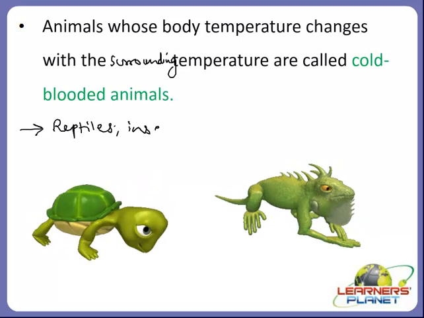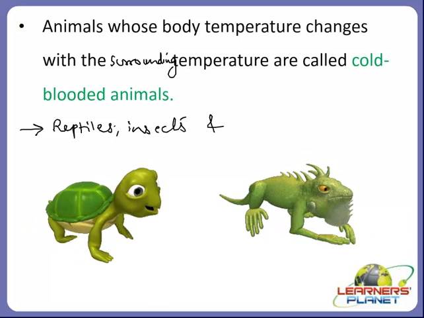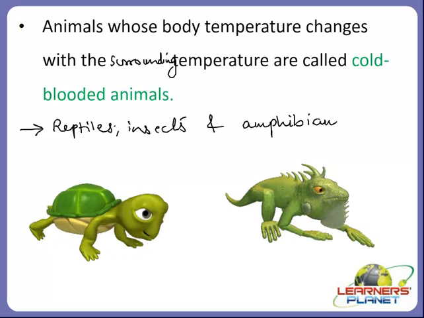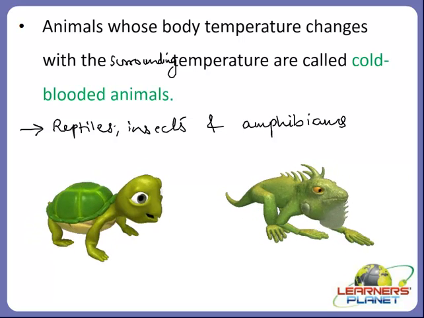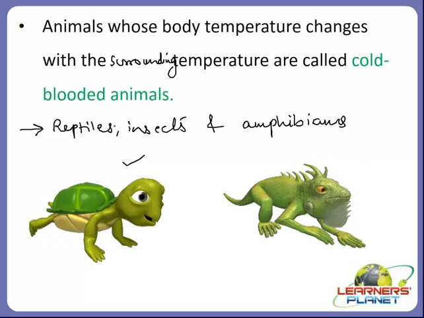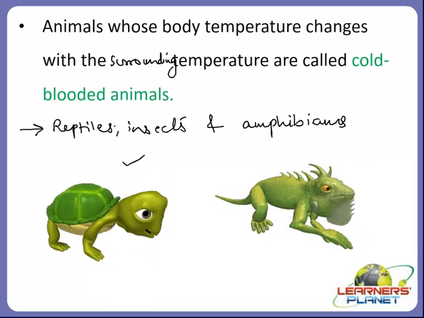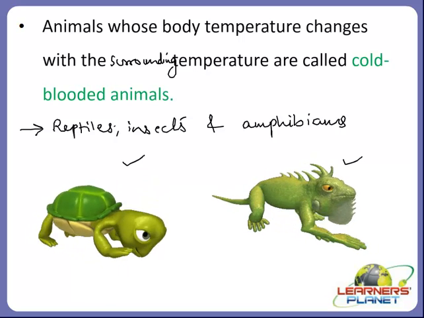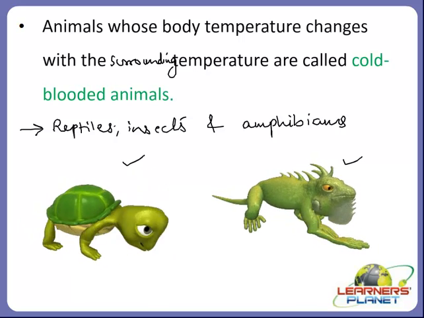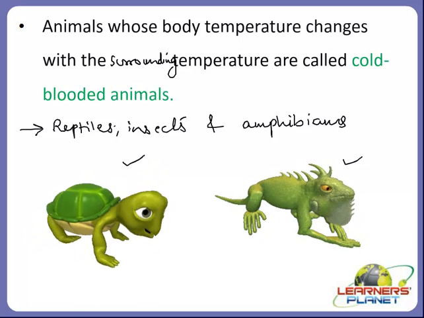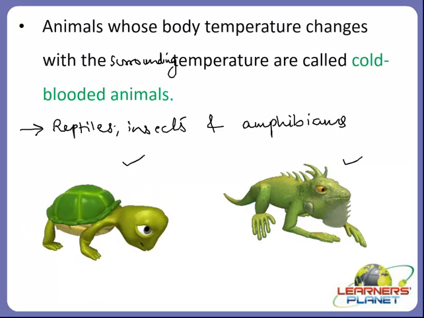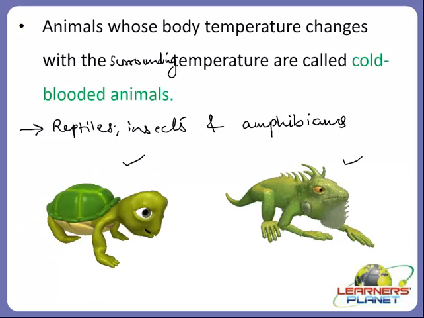So here you can see the picture. This is a picture of a turtle and this is a picture of an iguana. So these are animals whose body temperature changes with the surrounding temperature, and they are called cold-blooded animals.